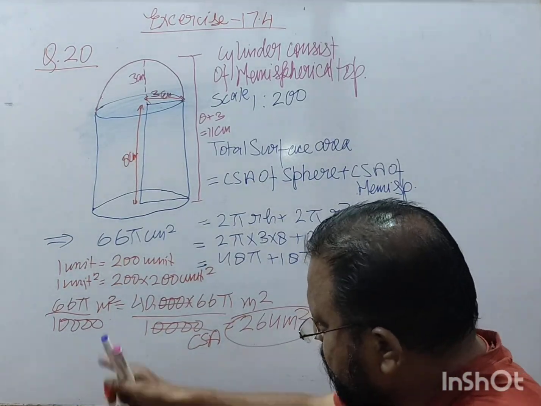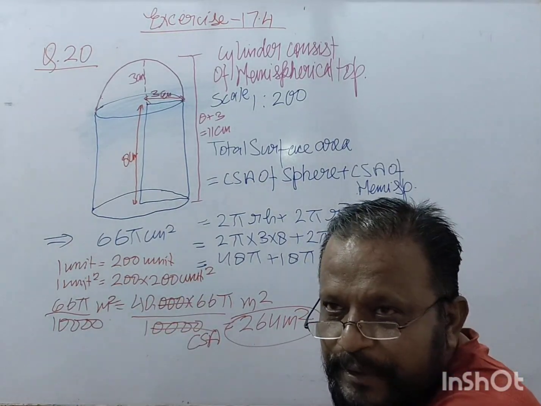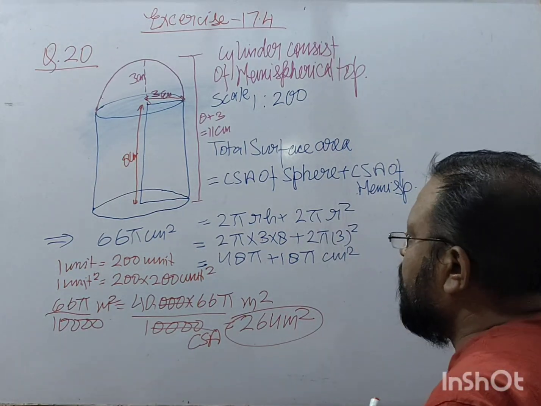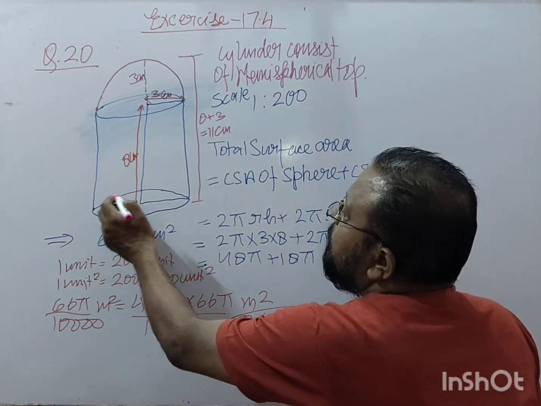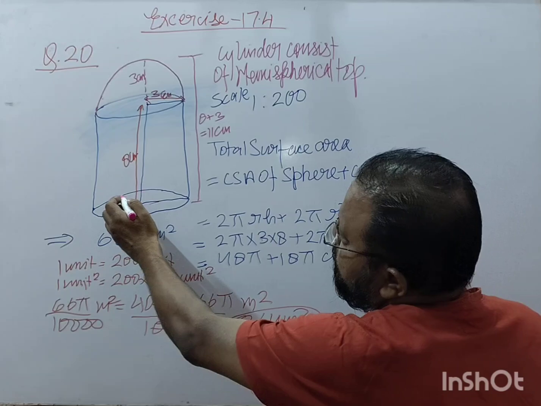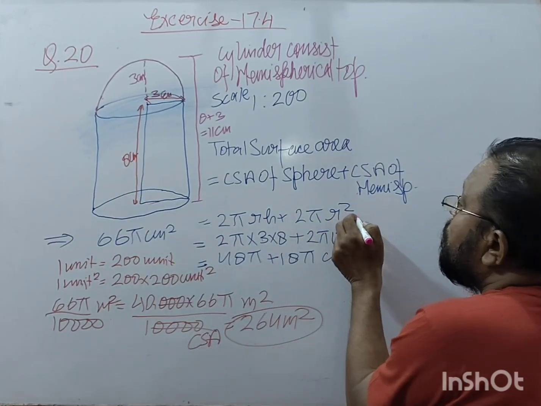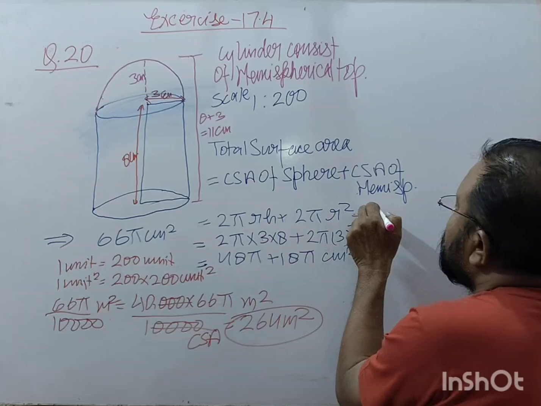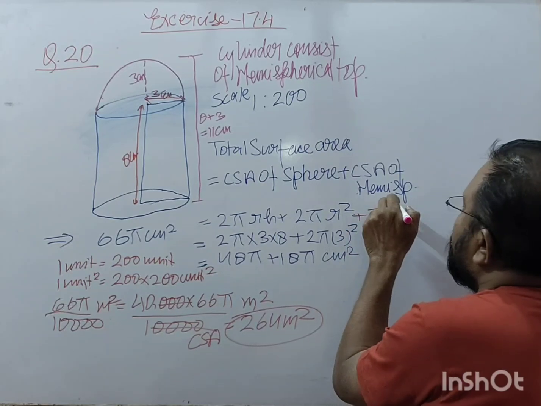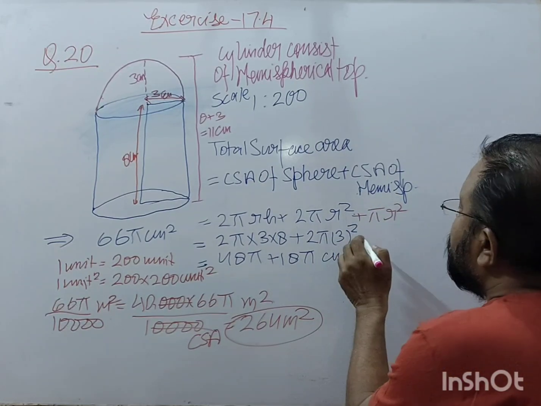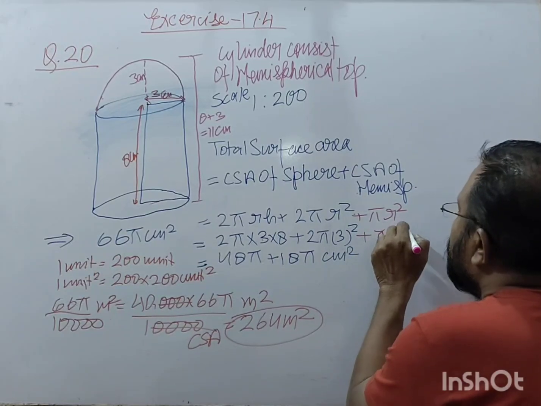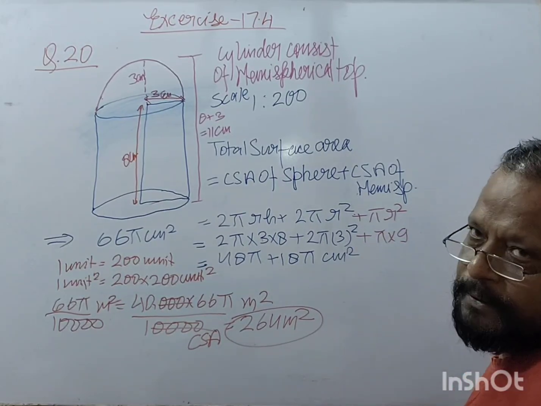Right? When we convert the units, the problem is that we have one more part here, the base. So we will write plus pi r square, so pi into 9.